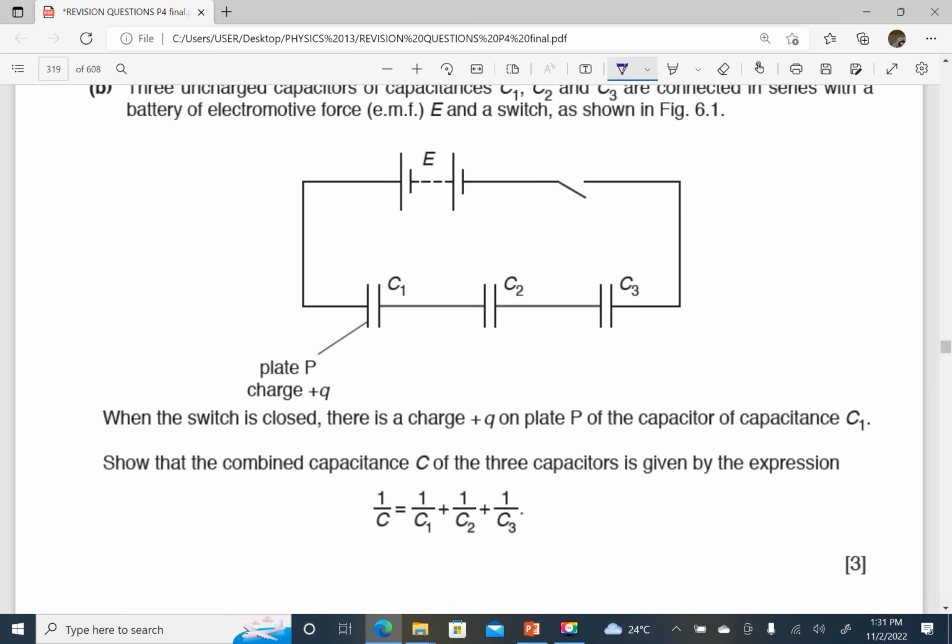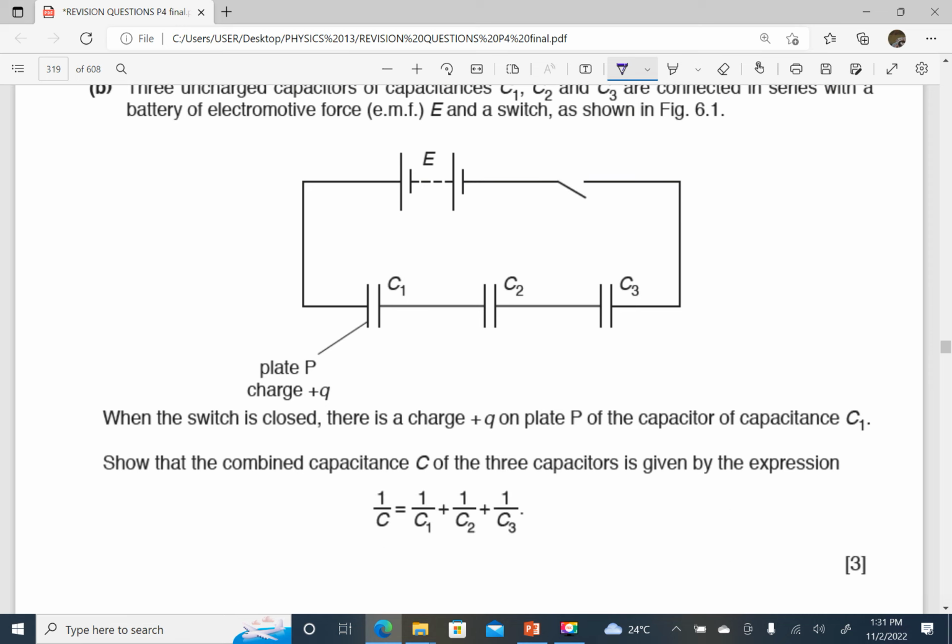So there is a charge positive Q this side. So that means there will be negative Q there, positive Q there. Show that the combined capacitance is that. Because they're in series, the charge is the same, Q.